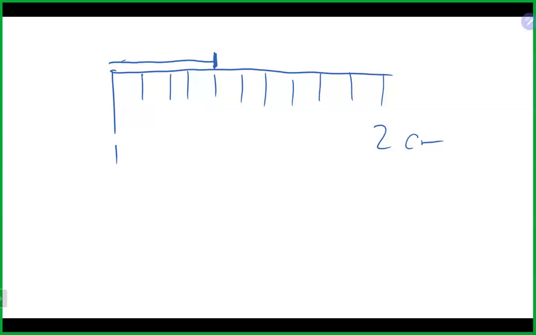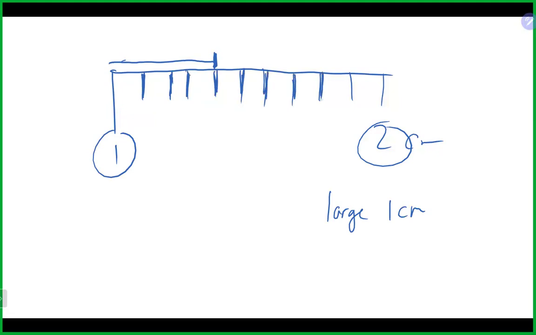In this particular case, just like we saw earlier, our large markings are 1 centimeter. We have again 1, 2, 3, 4, 5, 6, 7, 8, 9, and 10 smaller markings between them. So we divide that 1 centimeter by 10.